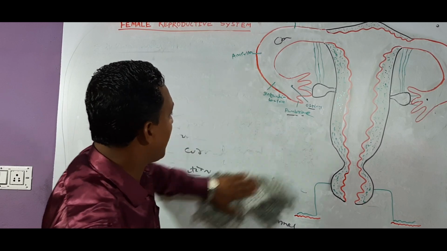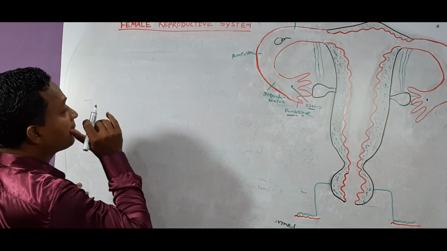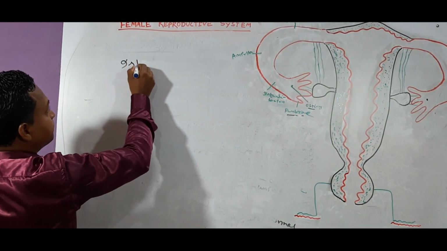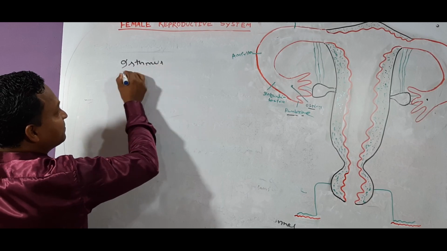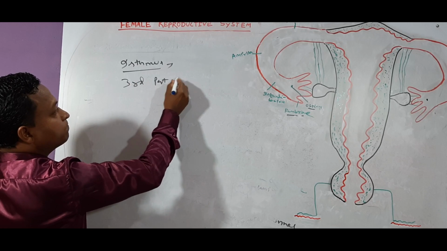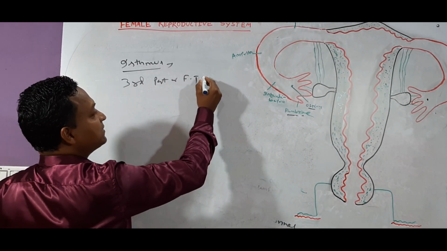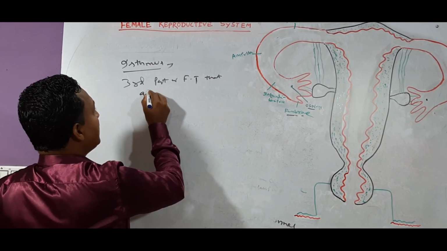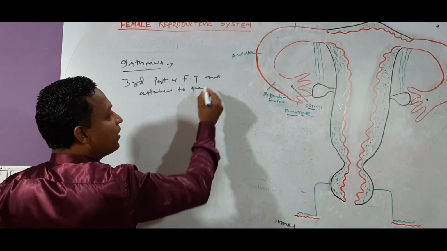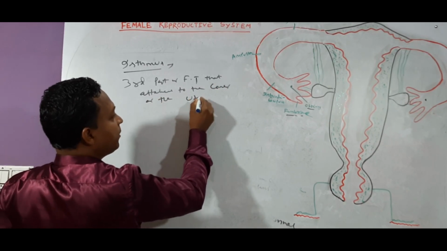Now we talk about the third part of the fallopian tube. We can call that the isthmus. It is the third part of the fallopian tube that is attached to the cavity of the uterus.